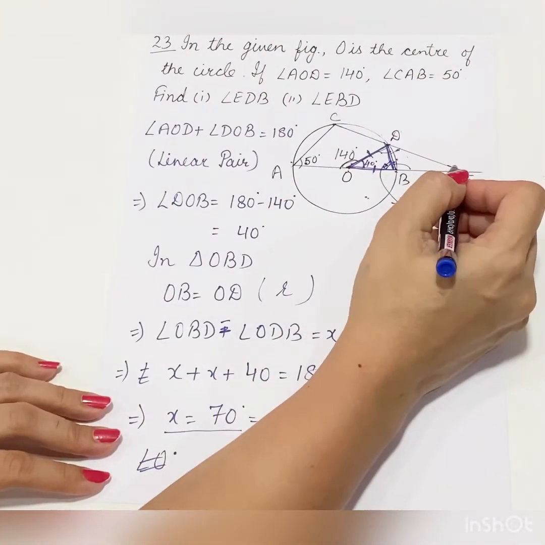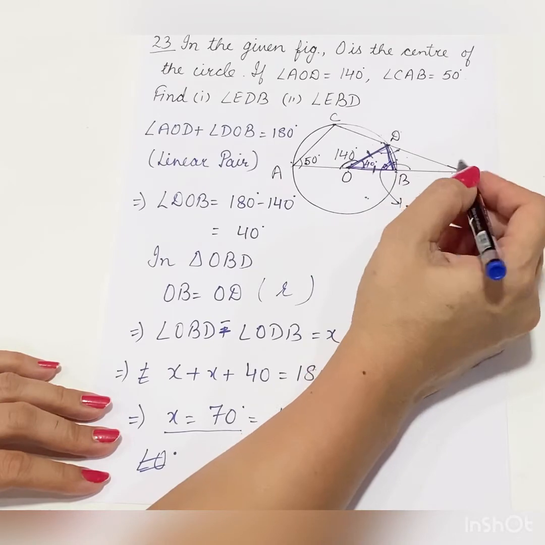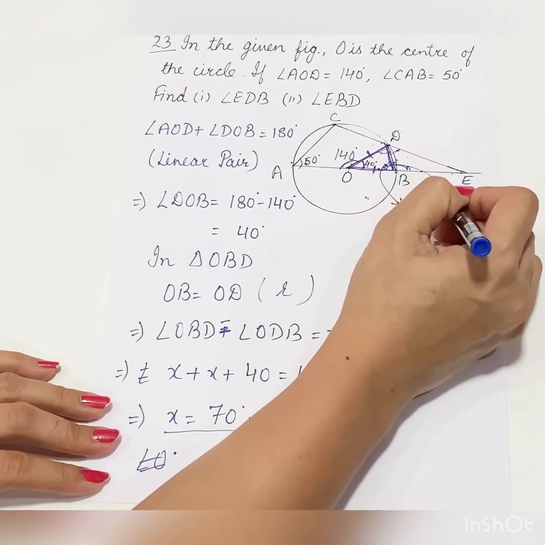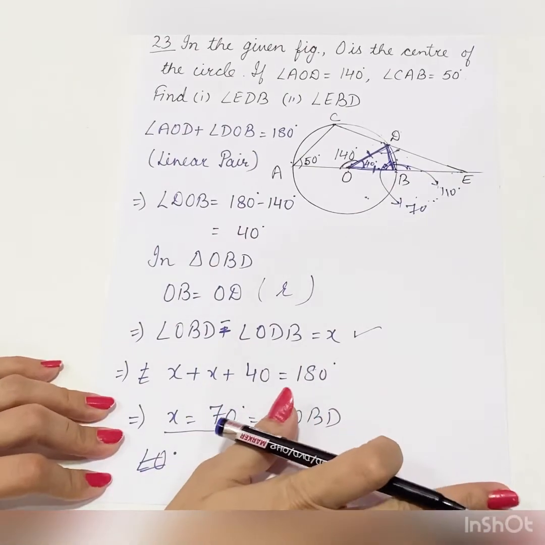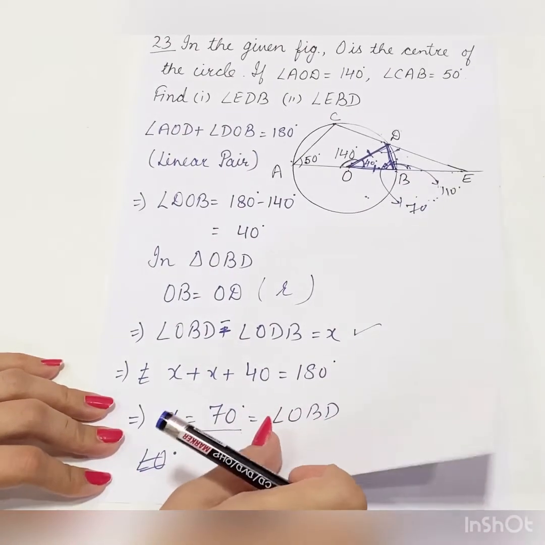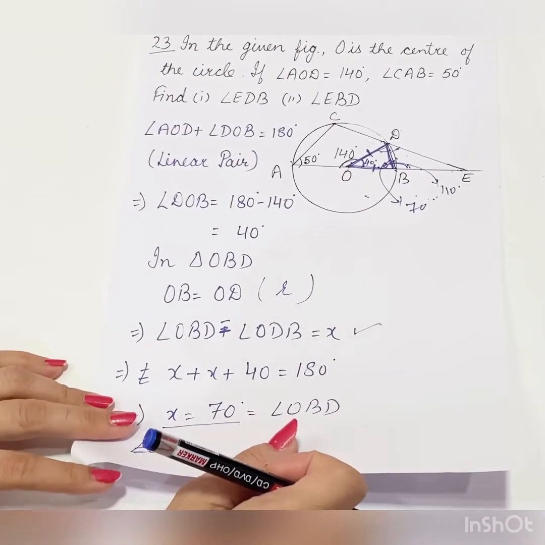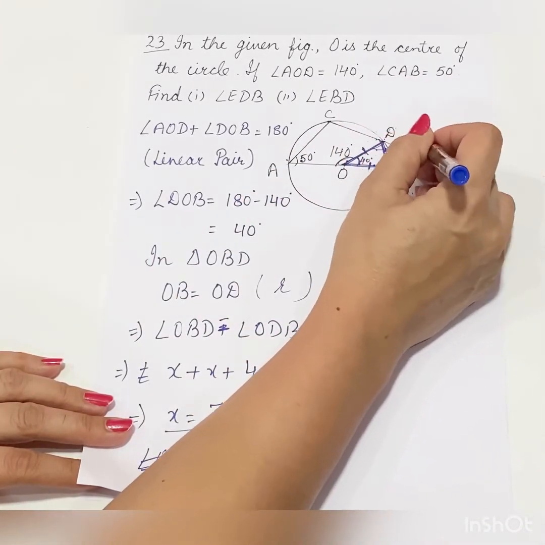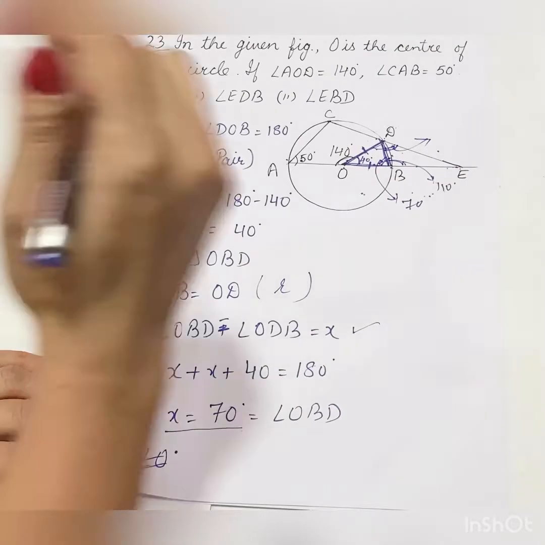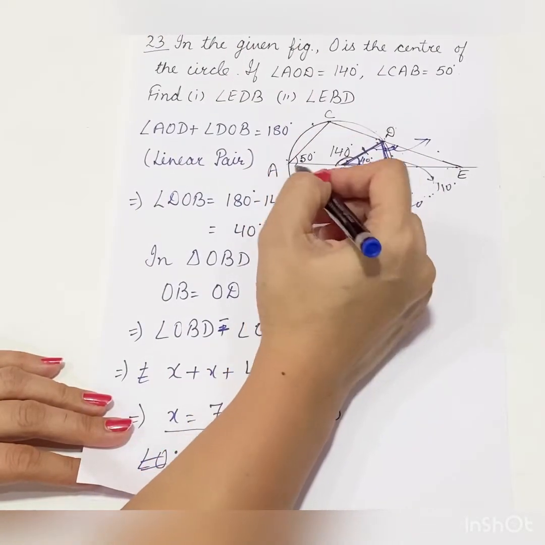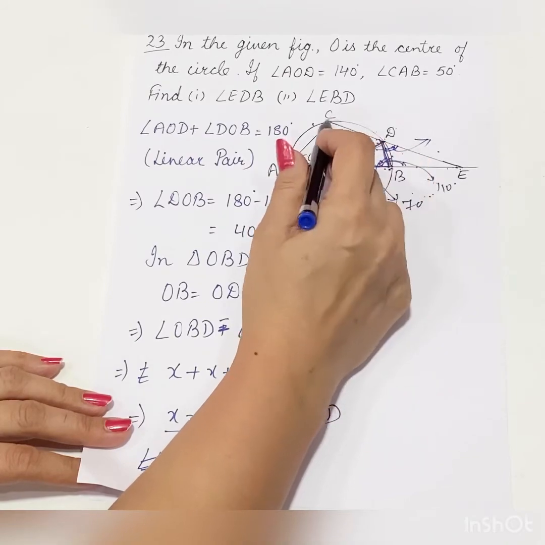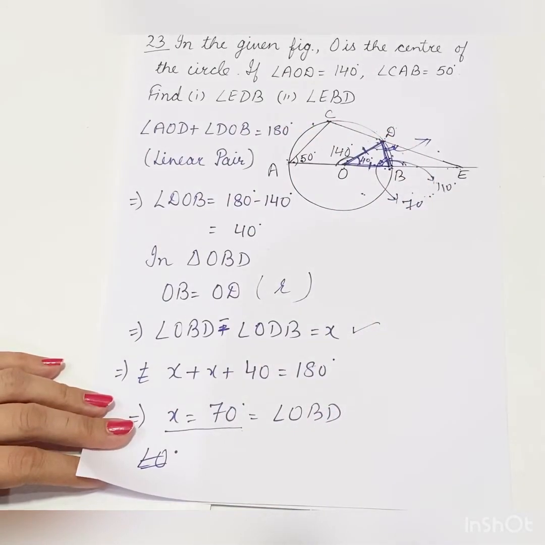We have to calculate angle EBD. So by linear pair, if this is 70, this angle will come out to be 110 degrees. By linear pair property, we can find out this angle will be 110 degrees. Second is angle EDB. This angle we have to calculate. How can you calculate this angle? Is ABDC. Now take care of the order. ABDC is a cyclic quadrilateral.